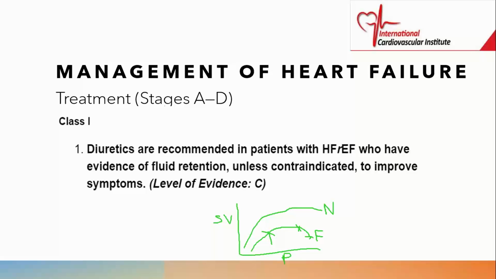Okay, you might have to do your hepatojugular reflux as well. So once the patient has heart failure with reduced ejection fraction and there is evidence of fluid retention, unless it's contraindicated, you should give the patient diuretics to improve symptoms. The patient is going to feel lousy if you don't.